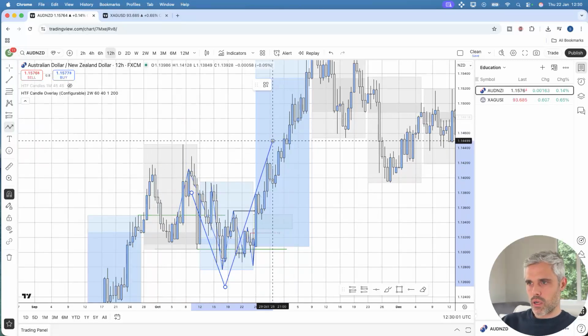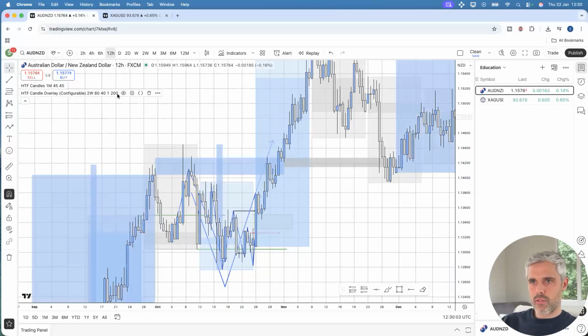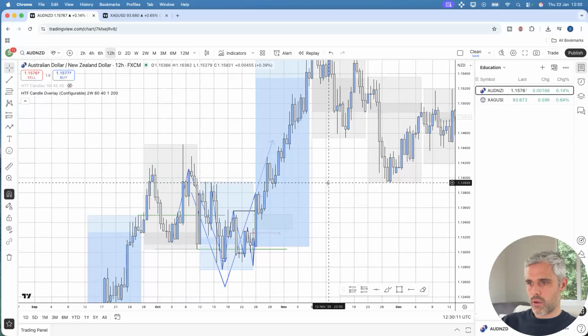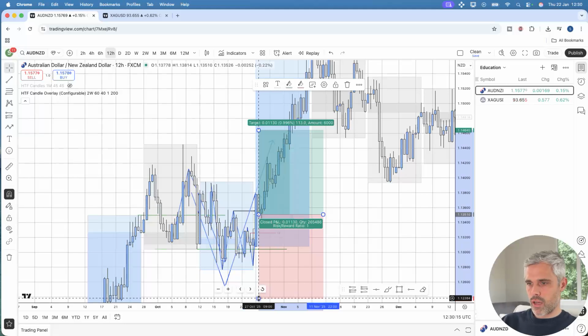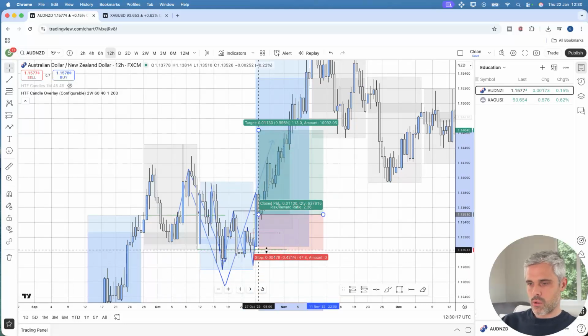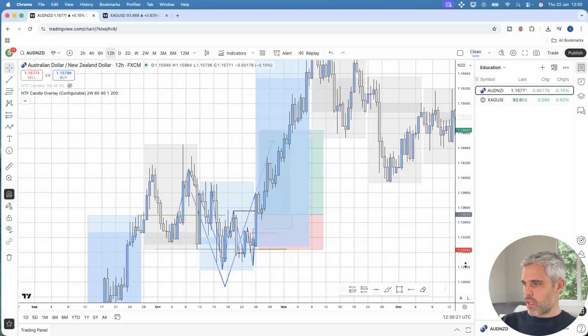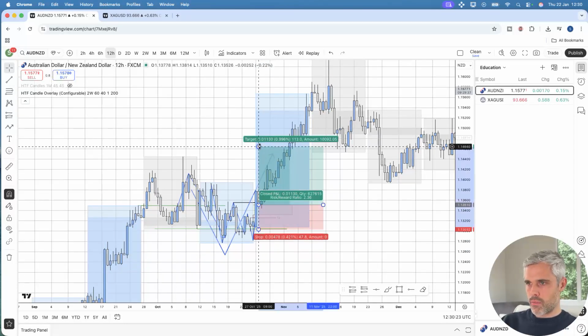So that's target 1. But remember, we still have context right here from the monthly that price wants to run much further. So we can put these two things into our thinking when we place this trade, which is a long from the fair value gap covering the liquidation of this external candle's range. Now, where do we put our take profit?